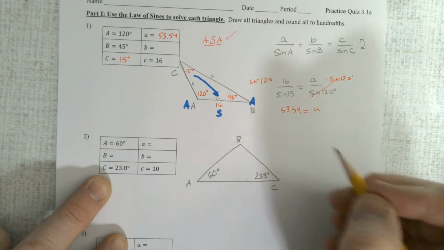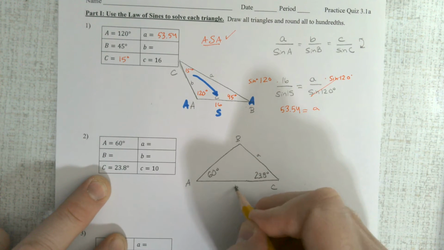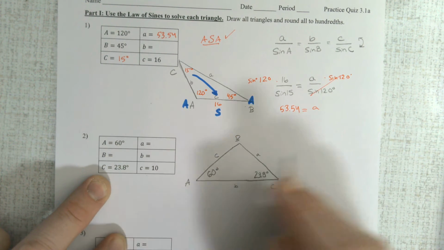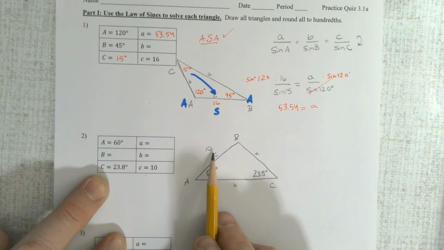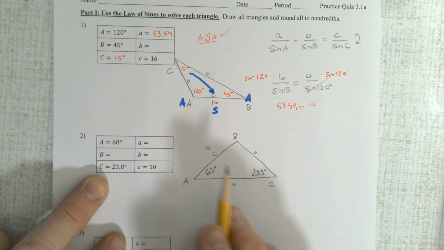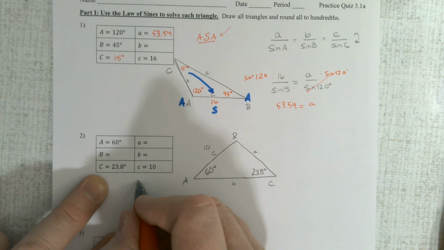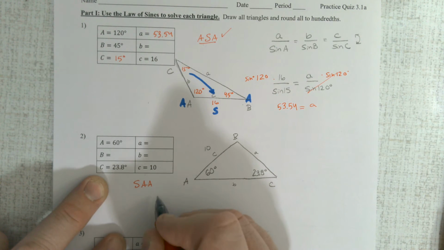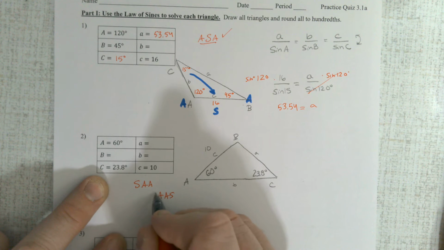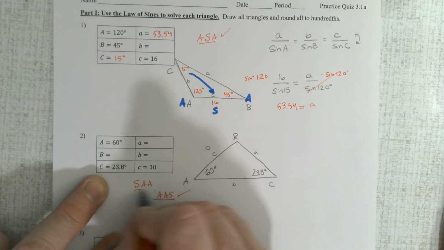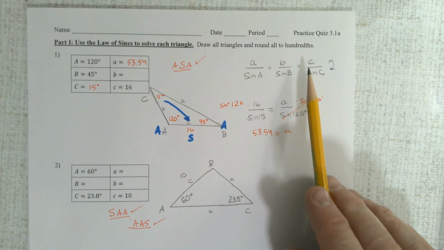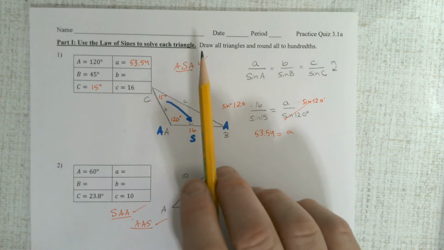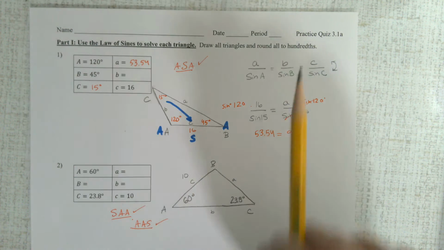A, B, C. C is 10. What do we have here? We have a side surrounded by two angles. We usually put the angle, side, but both of these are options for law of sines, so you can use this rule for law of sines. Again, everything on this worksheet is law of sines. However, what we do next week won't.